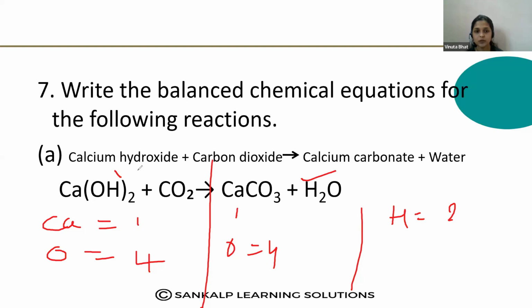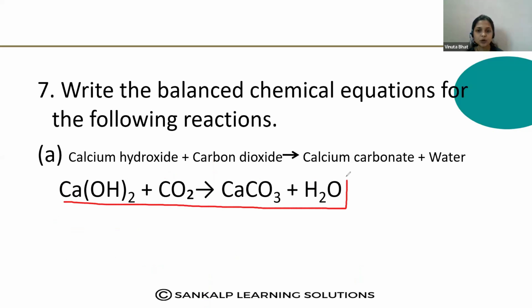Carbon is the same, and the remaining calcium is also the same. So we can say that this is a balanced chemical equation because both reactant and products have the same number of atoms. There is no difference.